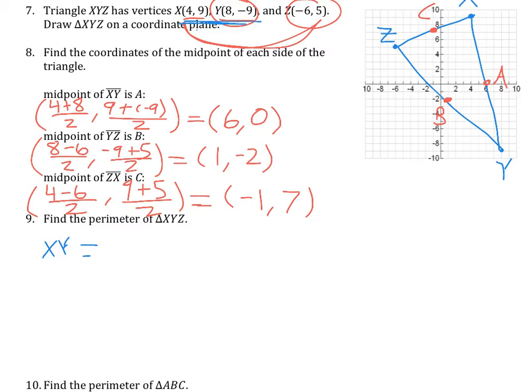So using these 2 coordinates, we know we're going to square root something, and it's subtract the x's, and order doesn't matter. You could do 8 minus 4, or you could do 4 minus 8, then plus, and subtract the y's in whatever order you want. So you could do 9 minus negative 9, or the other way around, negative 9 minus 9.